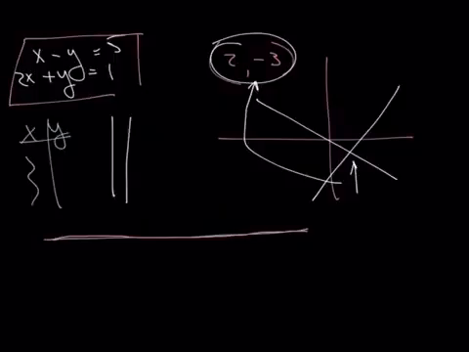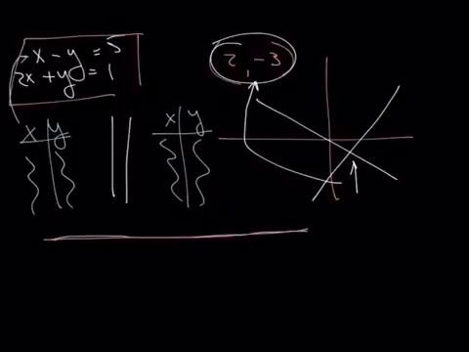You're going to plug numbers in for x, it's going to spit out y's for this equation, and then you're going to put in an x, put in a y for the other equation. And where those two equations cross is going to be your answer.